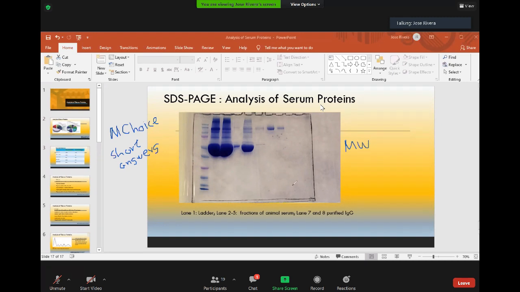Or I may ask what components you need for the SDS-PAGE to work, the three main components: you say, well, BME, you boil, and you add SDS. Or I can give you a scenario where I give you an experiment that didn't work, and you tell me why it didn't work. But they will usually be short answers, not long answers.